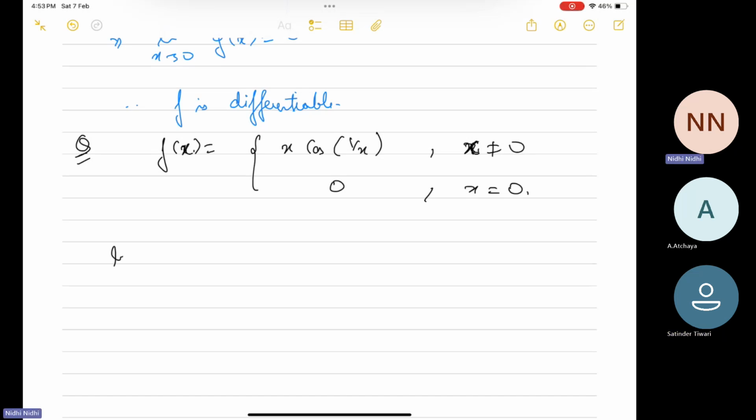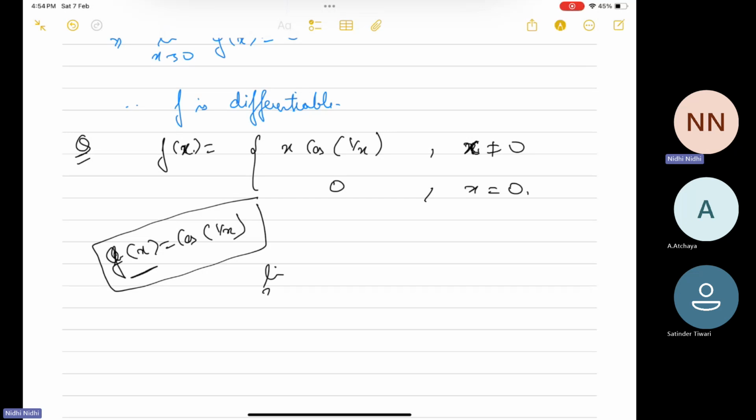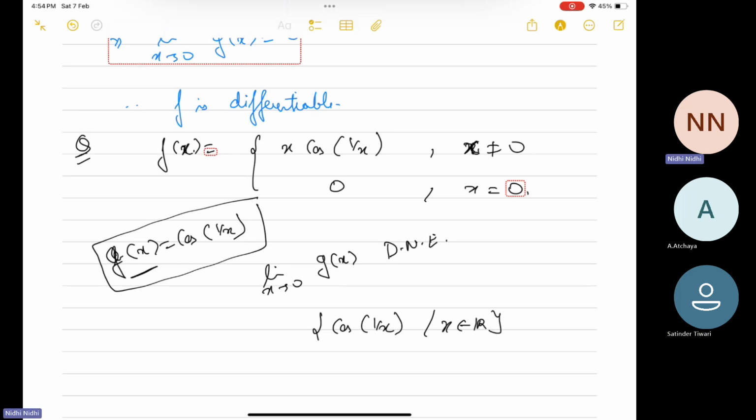No, this g(x) will be cos(1/x), and using the sequential criteria, you can show that the limit of g(x) as x tends to 0 does not exist, because it is going to be oscillatory, no? Exactly. If you look at the set of cos(1/x), x in R, this will be the closed interval -1 to 1.